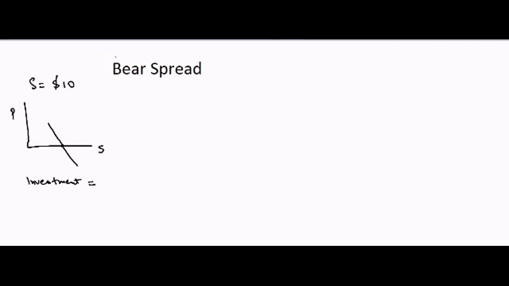Normally if you are a bank, that would not be the case, but if we use a broker, we have to pay a certain amount of money to be able to sell the stock, and let's assume it to be 100%. So your investment will be equal to $10, right? And your maximum loss will be equal to infinity, because if the stock price starts to go up, it can go up anywhere. So there's no limit to how much loss you can have.